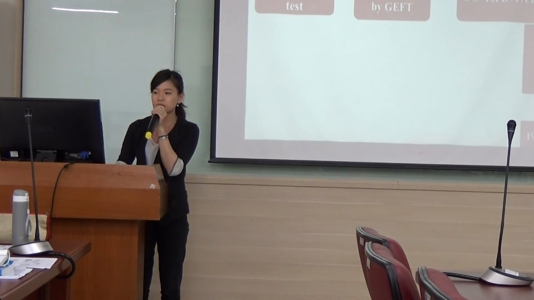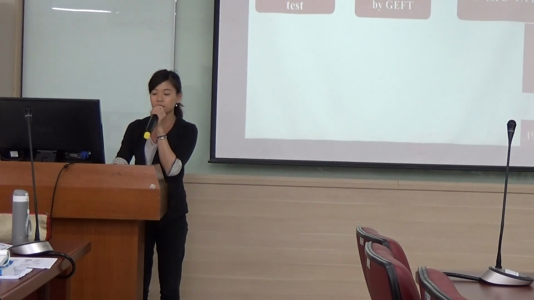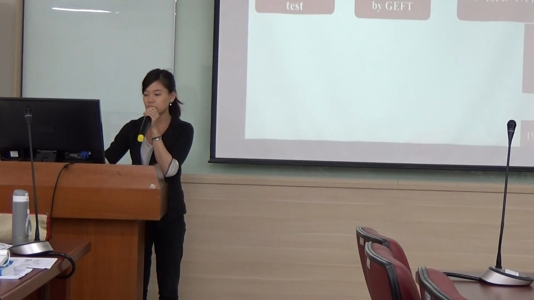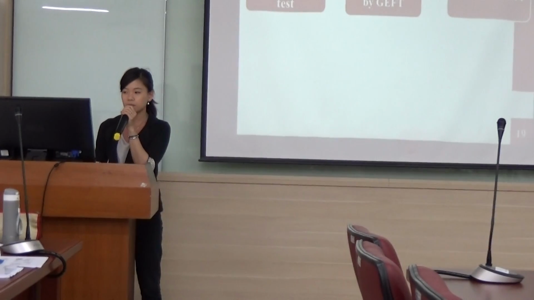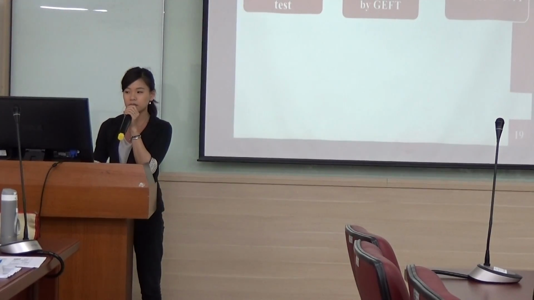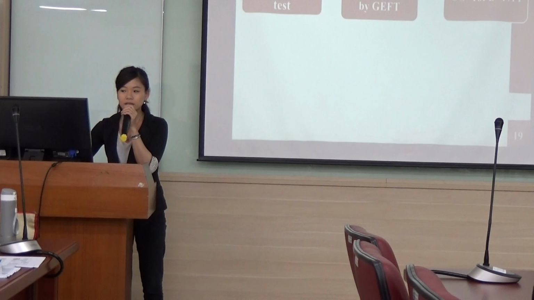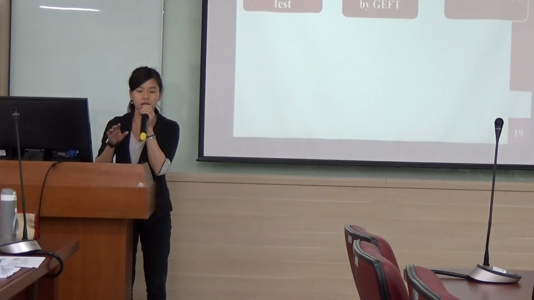There are 14 field-dependent and 15 field-independent in the experimental group, and 16 field-dependent and 17 field-independent in the control group. So you can see that the numbers are quite close.